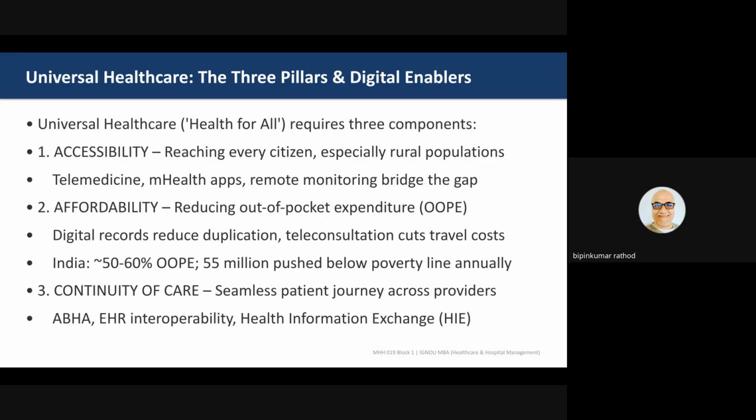Here you see health for all, with three main pillars where you put your digital enablement to achieve accessibility, affordability, and continuity of care. So the objective of using digital health is to achieve universal healthcare for our nation.